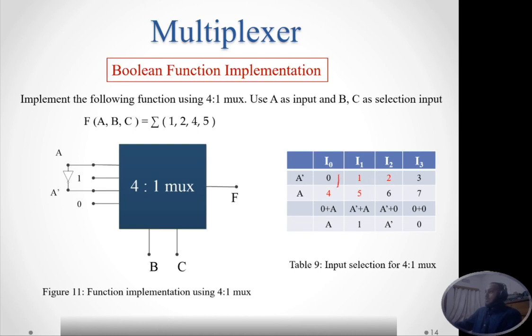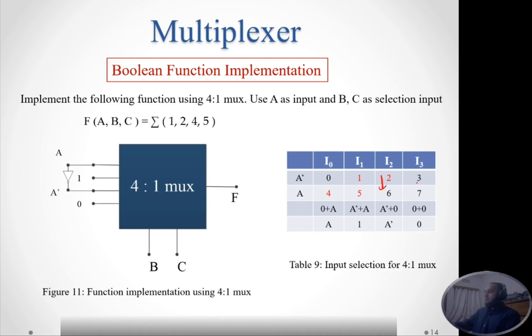After that we need to apply OR operations column wise. For the first column we can see we don't have any 1 in this position, so for A prime we will write 0, and we have 1 in this position, so we will write A, and after applying the OR operation the result will be A. So this will be our first input. In the second column we can see in both positions our output is 1, so we will write A prime plus A and the result is 1, so our second input is 1.